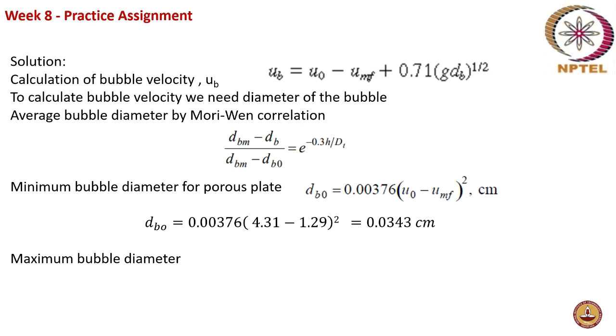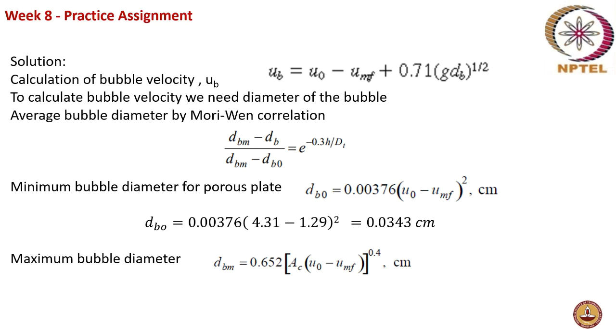And then the maximum bubble diameter is given by dBm is equal to 0.652 into AC into U naught minus UMF, the whole power 0.4. That is also obtained in centimeter, right.